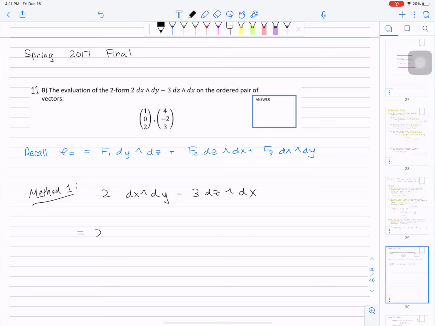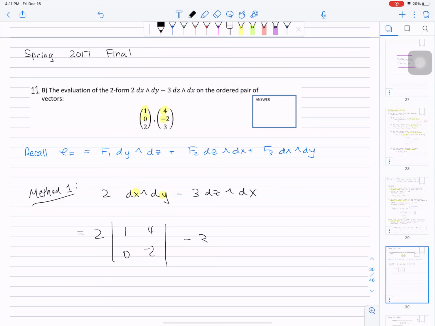What does this equal? It equals 2 times a wedge product, which represents area projected to the xy plane. How do I find area spanned by two vectors? I do the determinant. So I take my vectors. What are the x and y components of my vectors? Those are 1, 0, 4, -2.